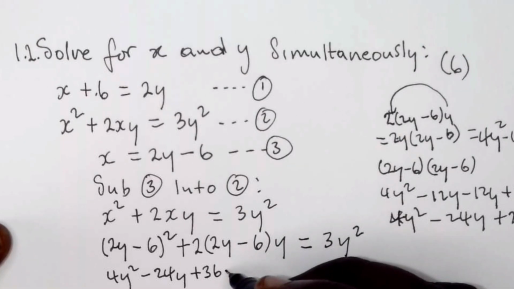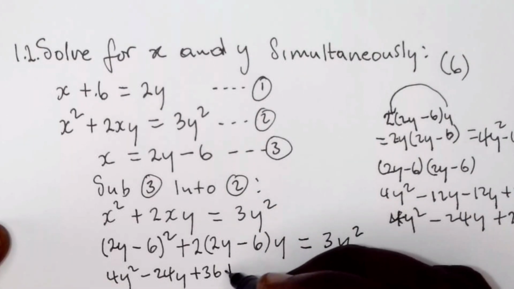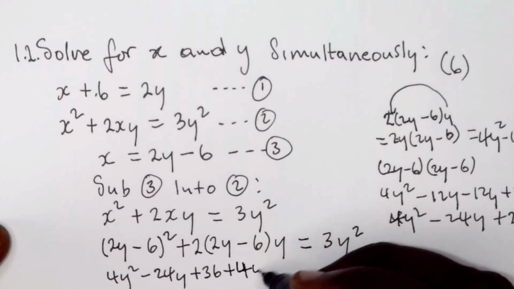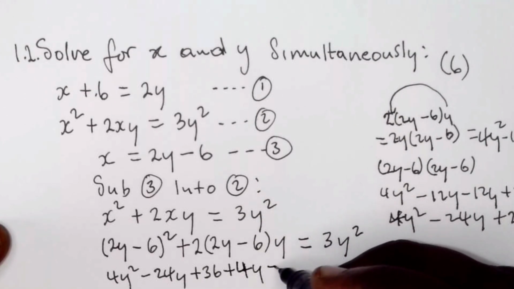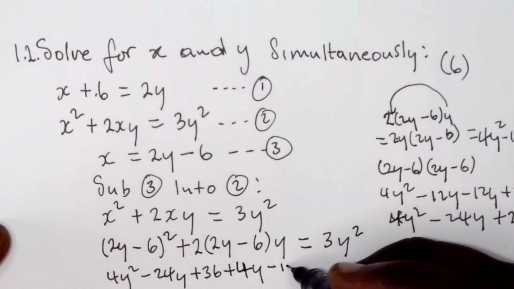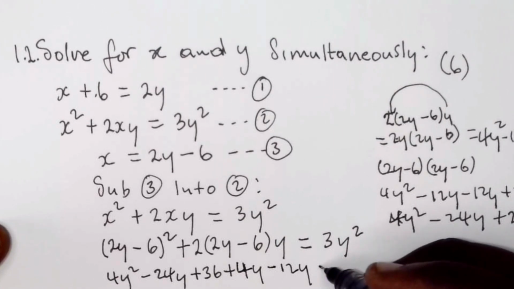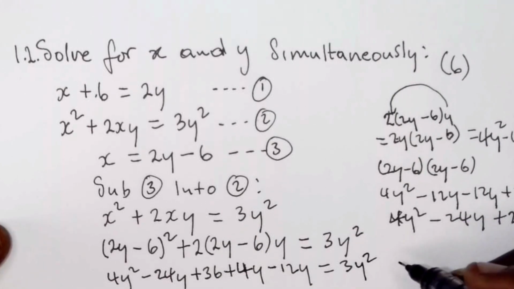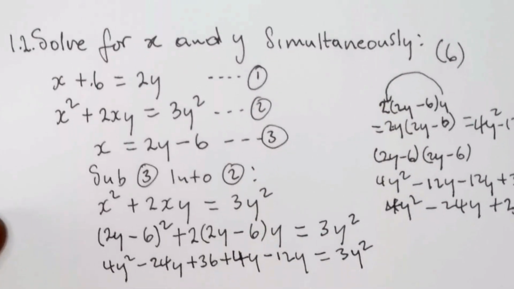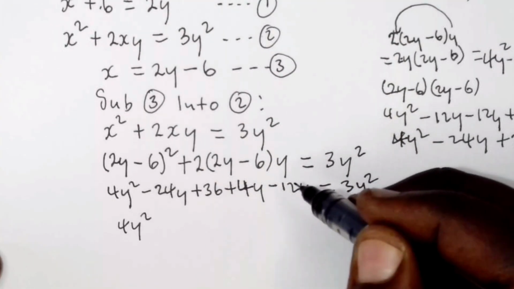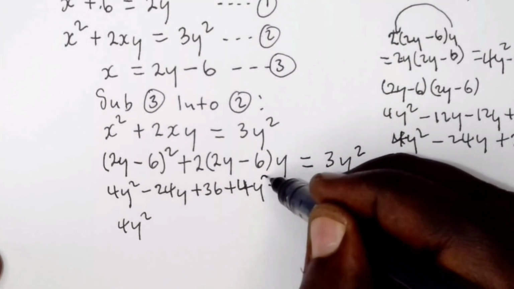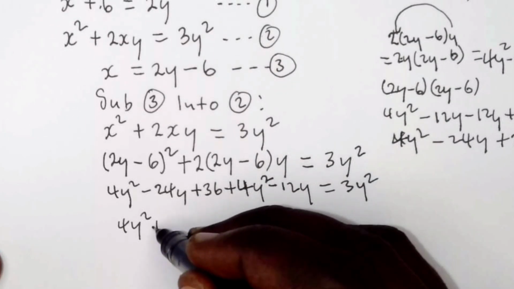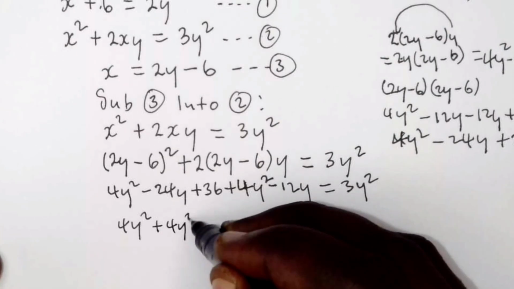We are having plus 4, plus 4y, negative 12y, equal to 3y squared, right? So, oh, I made a mistake here. This one needs to be 4y squared. So we have plus 4y.